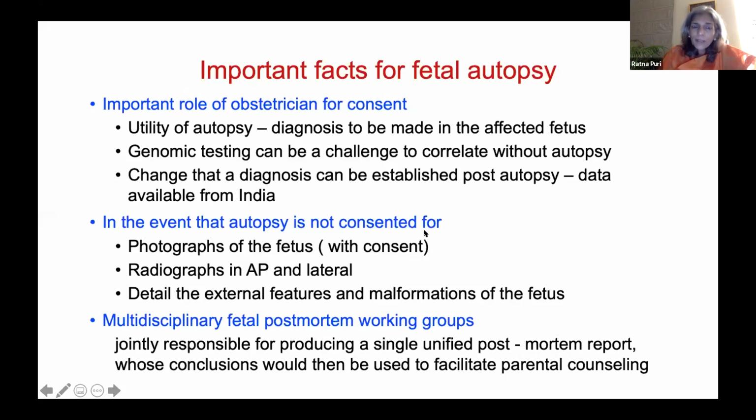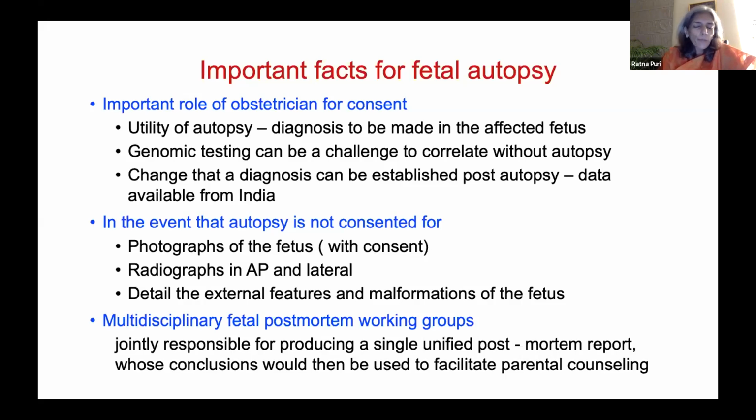In the event that an autopsy is still not consented for, we would take photographs of the fetus, but with family signed consent, do radiographs of the fetus in the anteroposterior and the lateral position, and detail the external features and malformations of the fetus.